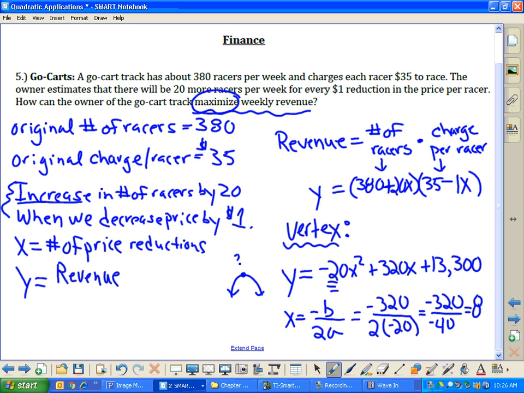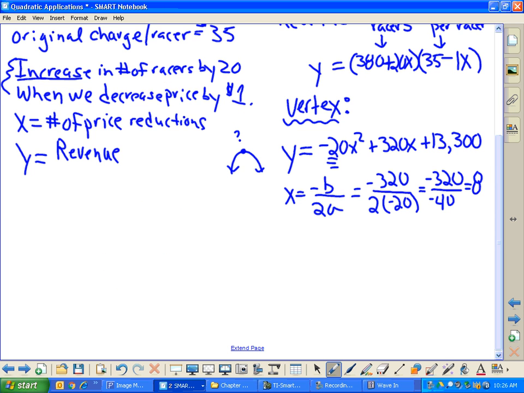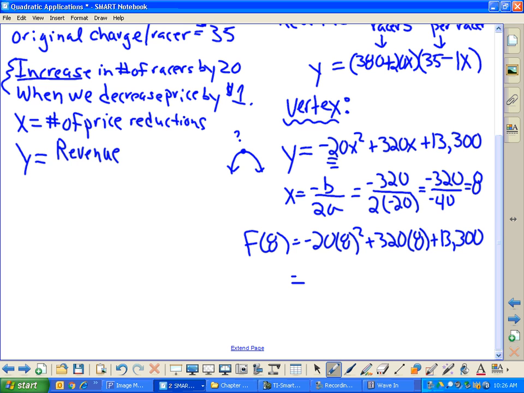Now we need to find the y value that corresponds to that. And I think, Hannah, you said it, right? You just plug it back in. So you just take your 8, and you're going to plug it back in for x in your equation. So we're going to find f of 8. And you number crunch that a little bit.